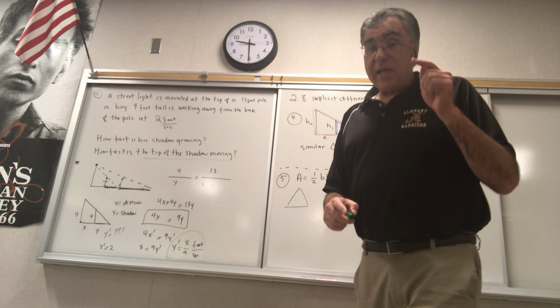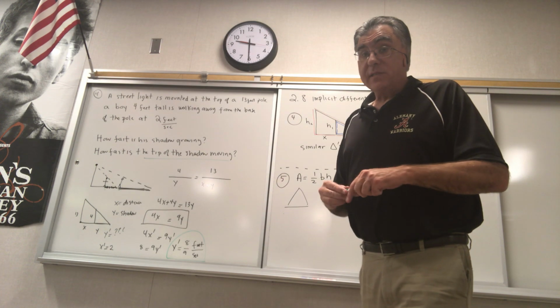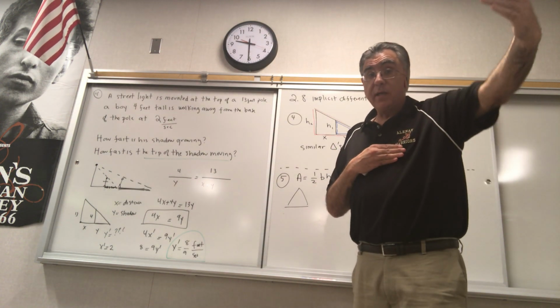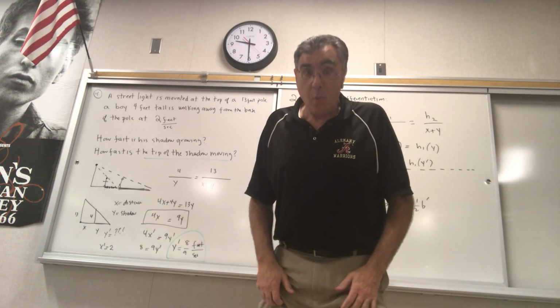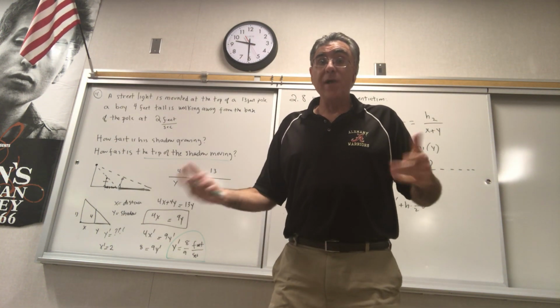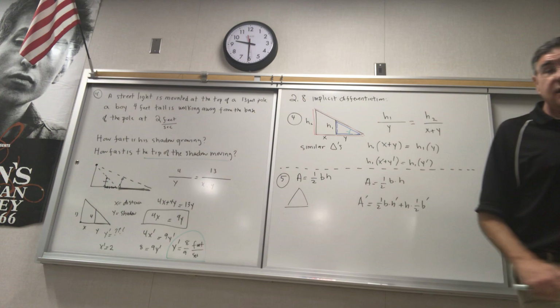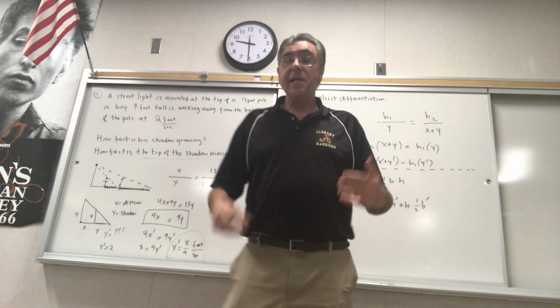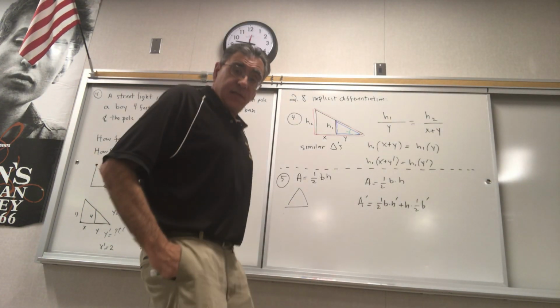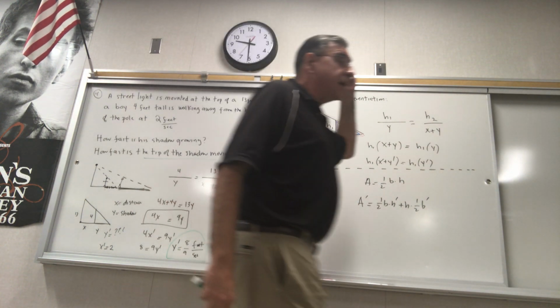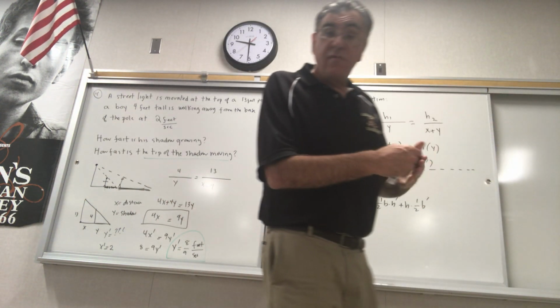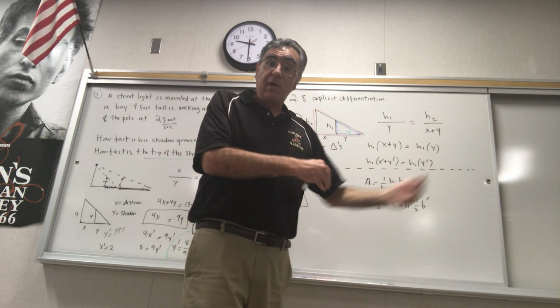If you're in physics, you might get this already. But here's the thing, the shadow is growing. But the shadow's attached to the boy, right? But the boy is moving, right? So it's kind of like being on a bus, and you're going down the bus at 50 miles an hour. If the bus is going 50 miles an hour and you get up and walk at 2 miles an hour, you're actually moving at 52 miles an hour relative to the ground, right?